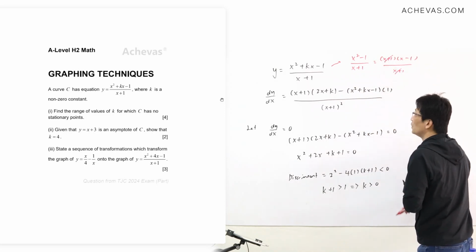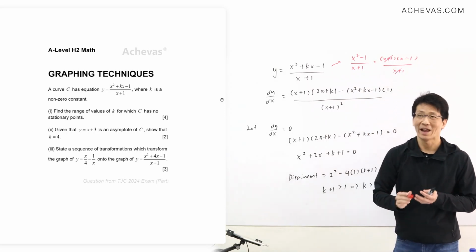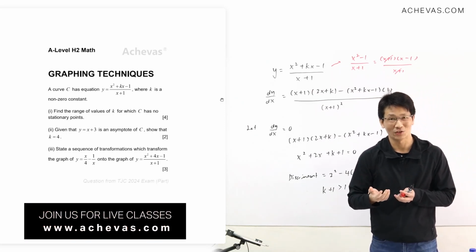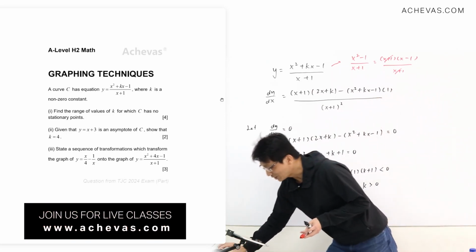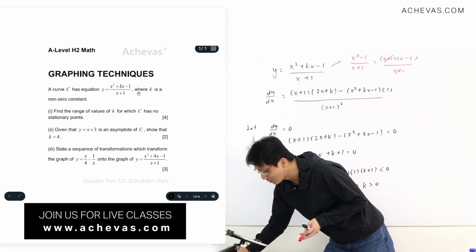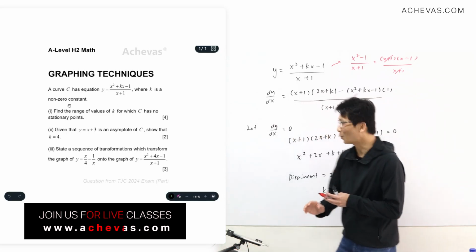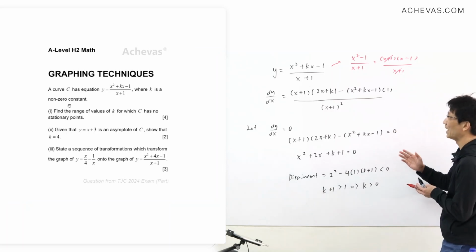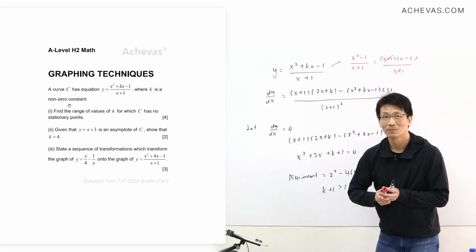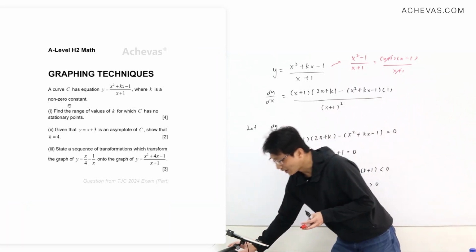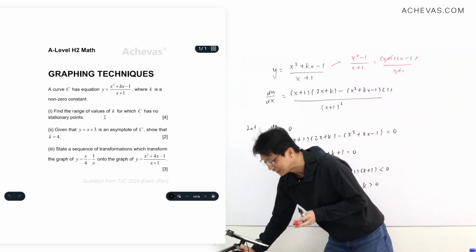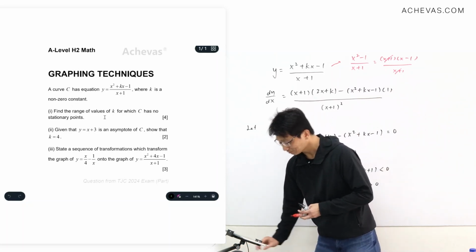You will reduce the equation into a line, and a line, of course, won't have any stationary point. But that is why the question mentioned in the first place that k is a non-zero constant. So we will not be including k equals 0, although it will satisfy the values of k for which C has no stationary point.